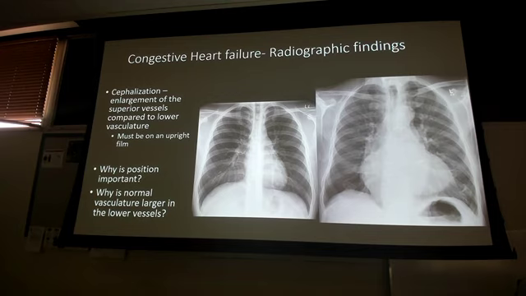It pushes it up and the blood just falls right back down, right? It doesn't just sit down here like it does lower because of the gravity. So that's what cephalization is: backup of that fluid causing the lung markings or the pulmonary vasculature to appear more prominent on a chest x-ray than it normally would. Does that answer your question? Perfect. What else? This is good stuff.